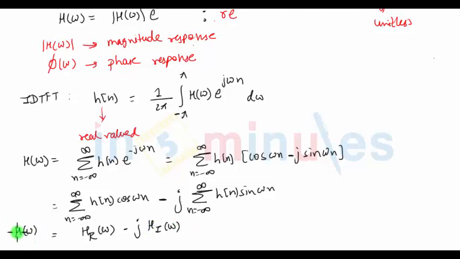So any frequency response can be split into the real part as well as the imaginary part. Now if I use plus sign here, then this minus sign will be taken inside H i of omega. So we'll define that.